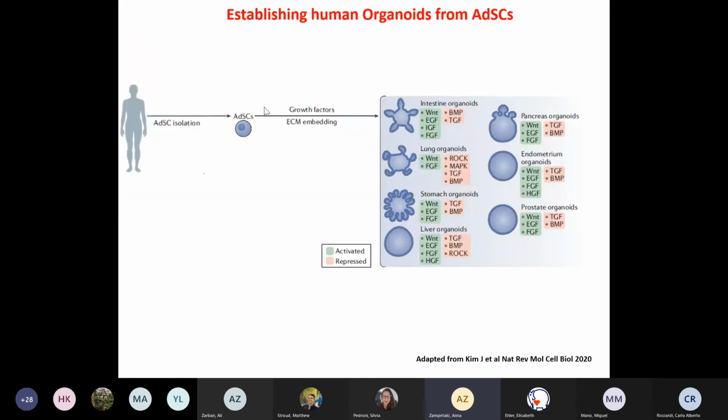And you can differentiate these tissues into different organoids. Again, here the protocols differ somewhat, but depending on the tissue origin, these cells can give you the respective tissue organoid.